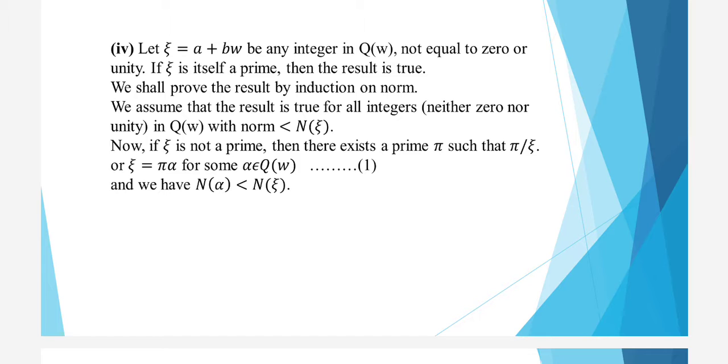Now, if ξ is not a prime, then there exists a prime π such that π divides ξ, or ξ = πα for some α belonging to Q(ω), equation 1, and we have N(α) < N(ξ).